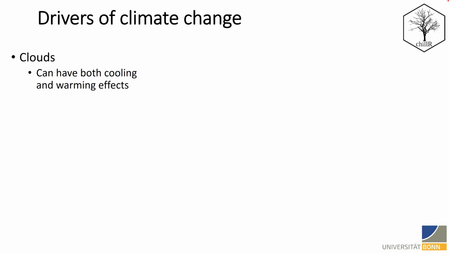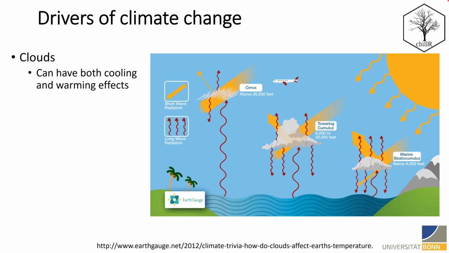If it's cloudy, that doesn't happen so much. At night, the opposite is true. On a clear night, temperatures go down pretty quickly. On an overcast night, when we have clouds in the sky, the heat is retained and temperatures go down quite a bit less. And here's an illustration of basically what this looks like.